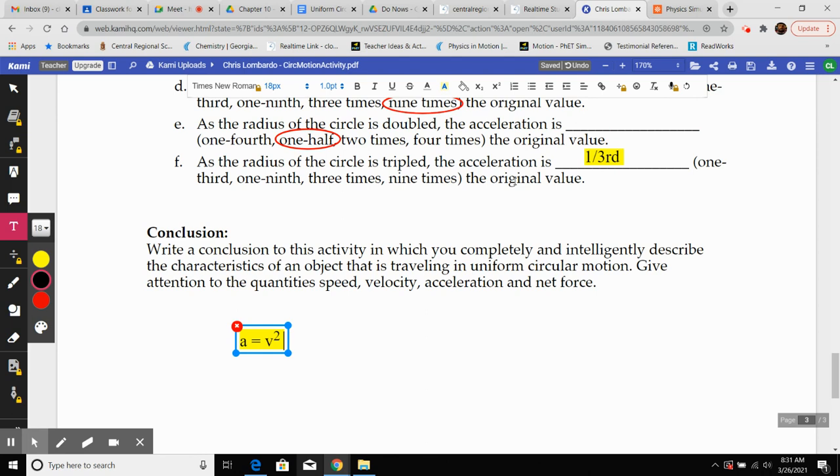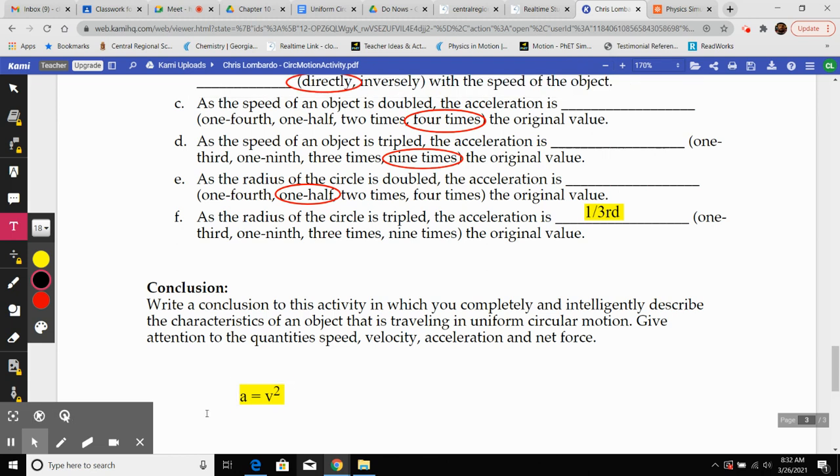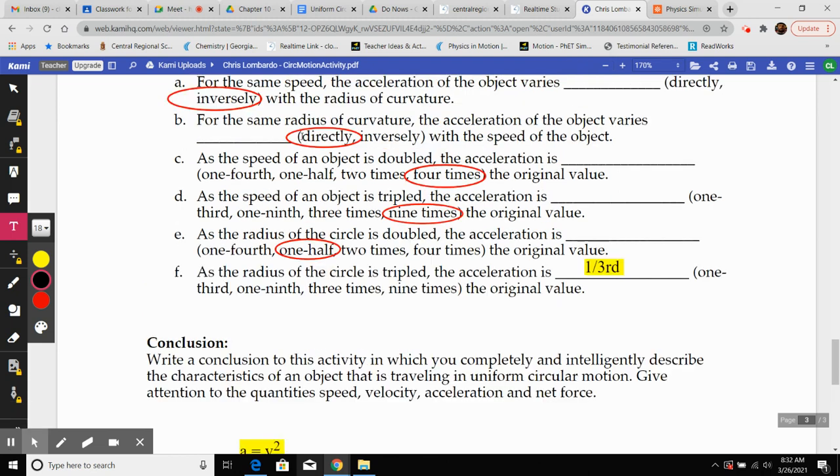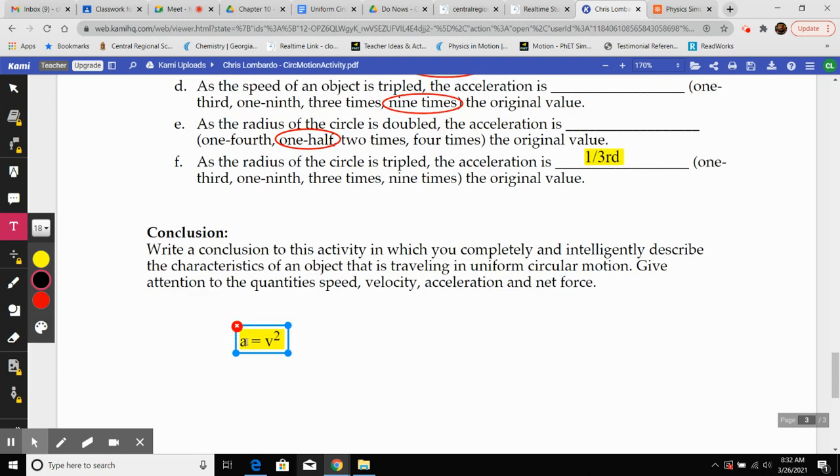When radius got bigger, did the acceleration get bigger? No. The direct relationship is basically as one increases, the other increases. One decreases, it decreases as well. So the acceleration increased as velocity increased, but it increased with the square of the velocity. This is how you can figure out part of the equation. The acceleration for an object moving in a circle is equal to the velocity of that object squared.